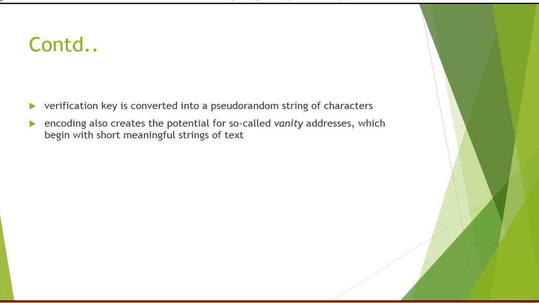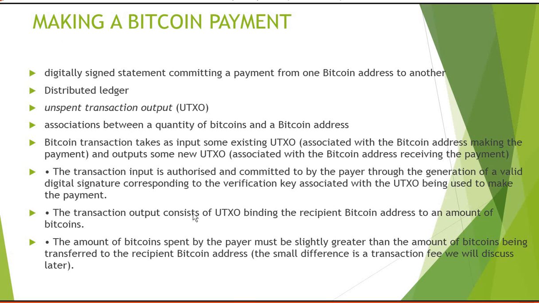This verification key will be converted to a pseudo random string of characters, so the length will be shortened. Like some group of patterns of characters will be represented by another character. So a kind of encoding will be used there. Those addresses will be called vanity addresses. So finally we'll get a short Bitcoin address, which is a string of text.